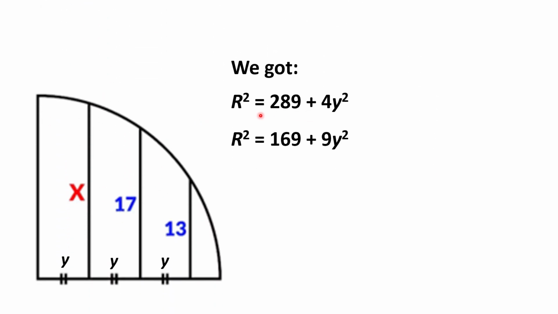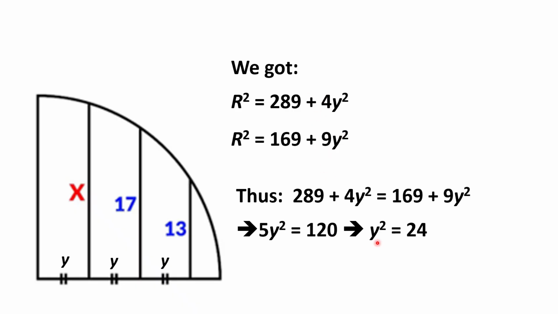So we got two important relations: r square equals 289 plus 4y square, and r square equals 169 plus 9y square. Equating these two, we get y square equal to 24.